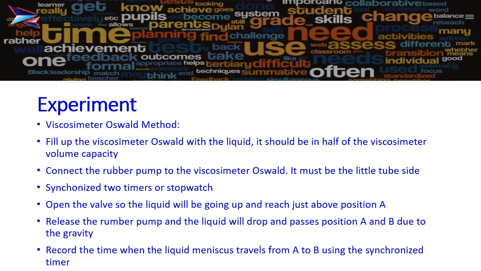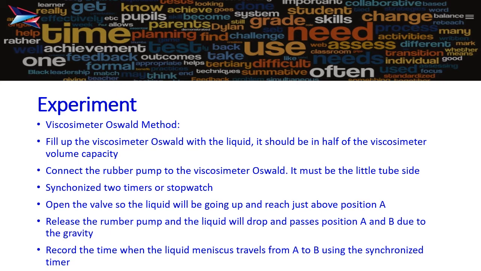Once again, you need to switch off timer A, and then you need to switch off the second timer when it passes B. So you will take the difference between these two timers. Okay, so you determine the time traveling for the liquid from position A to position B. While you're measuring the distance between A and B, and you know the travel time from A to B, then you are able to determine the velocity.